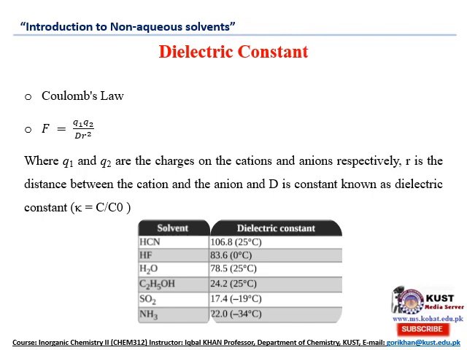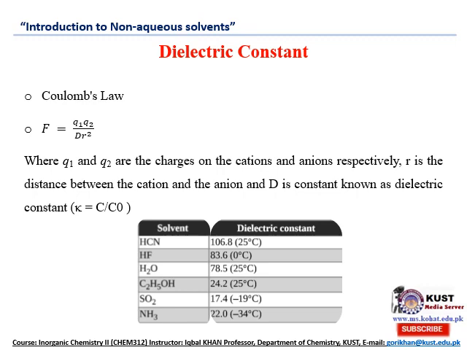Dielectric constant is based upon Coulomb's law, and Coulomb's law is given by this equation: F is equal to Q1 into Q2 divided by D r square. Q1 and Q2 are oppositely charged entities which are separated by the distance r, and this is the force which is holding these things together, and D is the constant because F is directly proportional to Q1 into Q2 divided by r square.